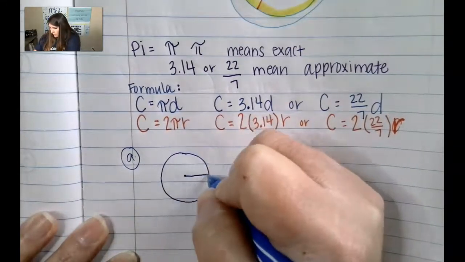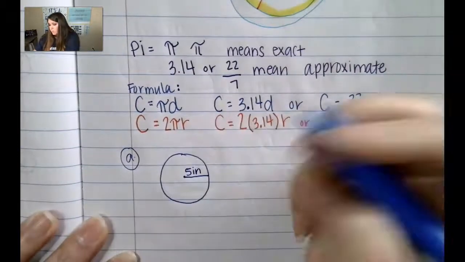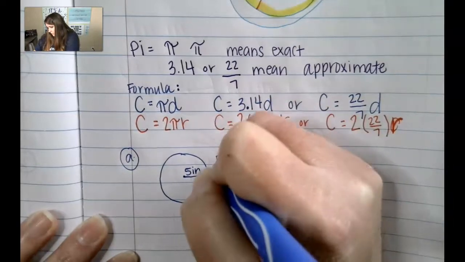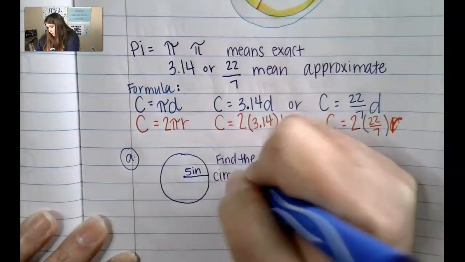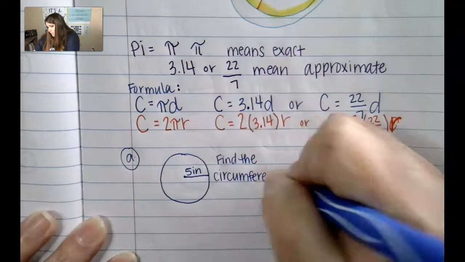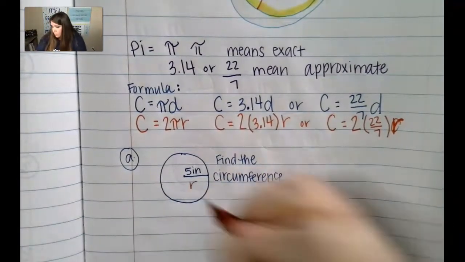All right, so example A gives you an example of a circle, and the radius that it gives you is 5 inches. And it wants you to find the circumference. So the first thing that we want to look at is, what do we have? Well, we have the radius.